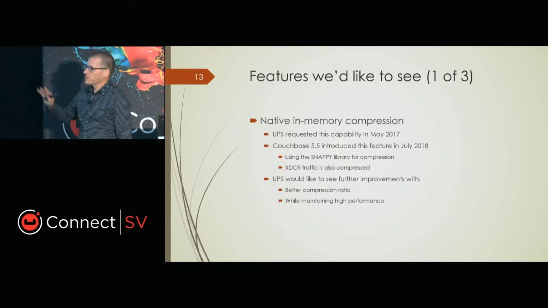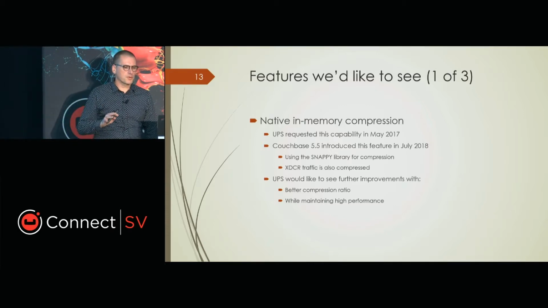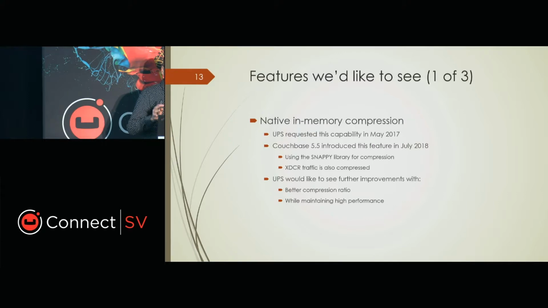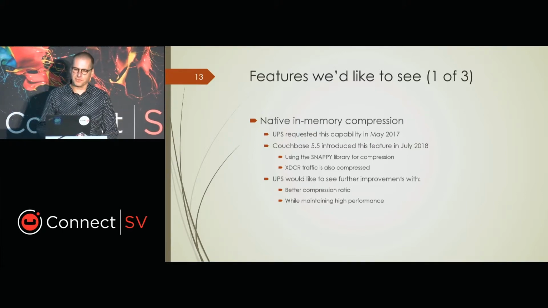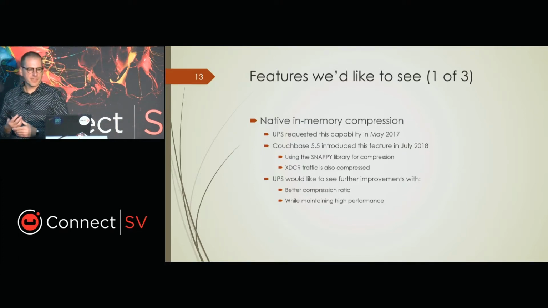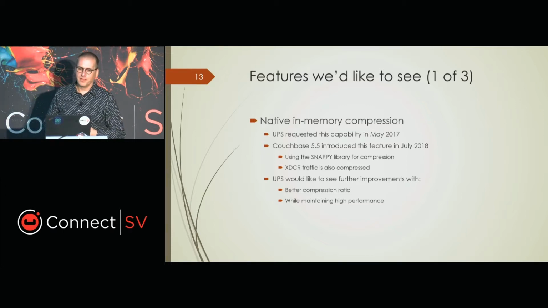A few lessons that we got from working through this process are features that we'd like to see or have seen included into Couchbase. The first one is the native in-memory compression. We requested this back in May of 2017, and it is now in Couchbase 5.5. It's using the Snappy library.